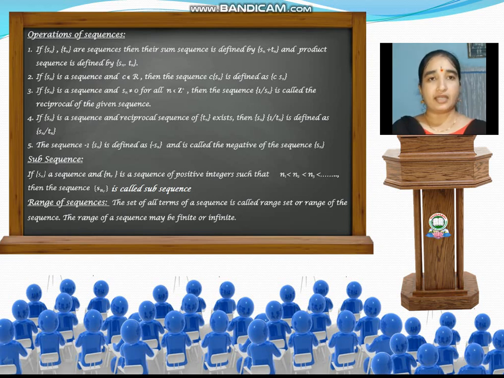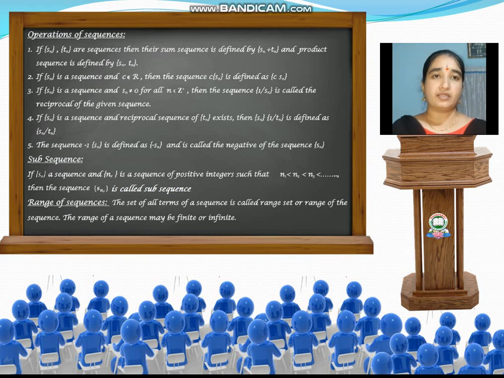After that, Sn is one of the sequences. Then 1 by Sn is also possible, as we discussed earlier. So 1 by Sn is known as the reciprocal of the sequence. If we consider C belongs to R, that is, C is a real number, and multiply C with the given sequence, then it will become the set of C into Sn.